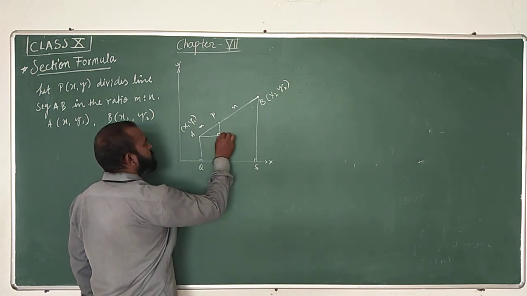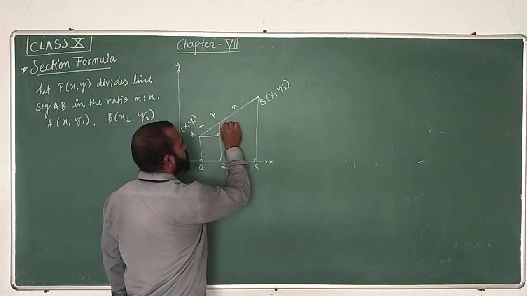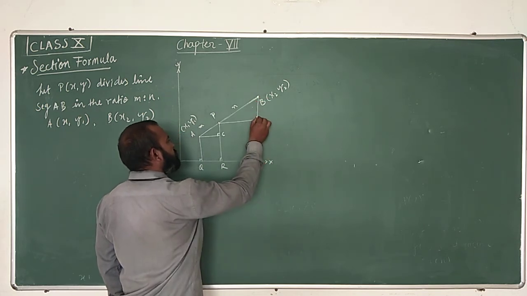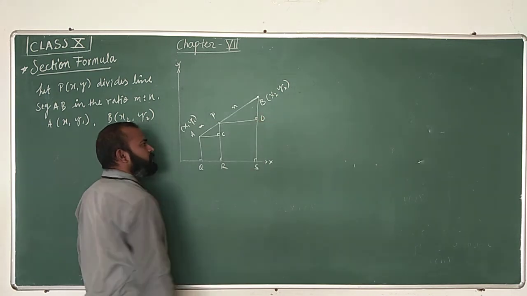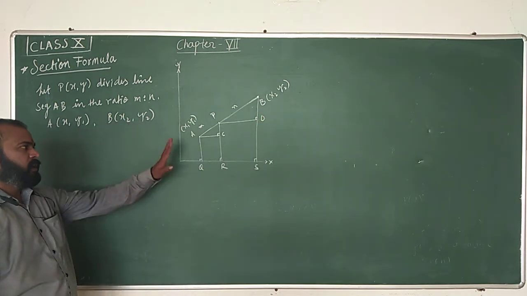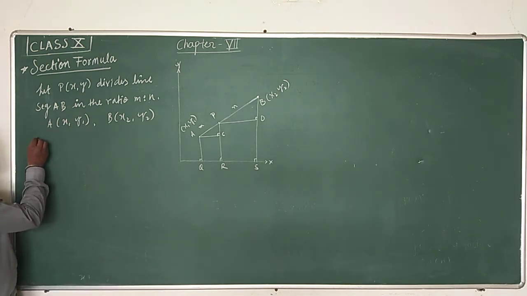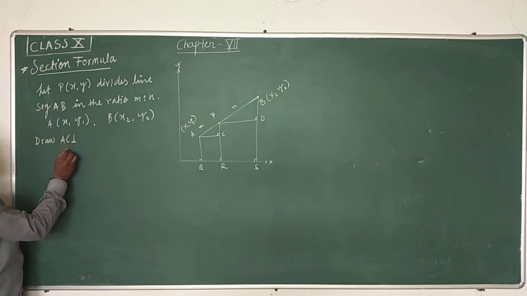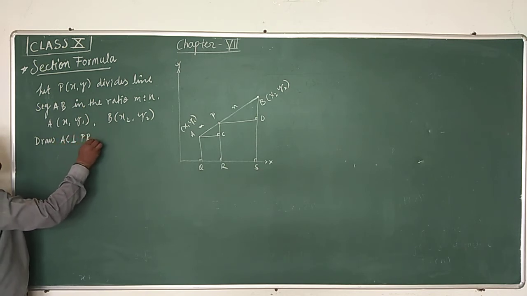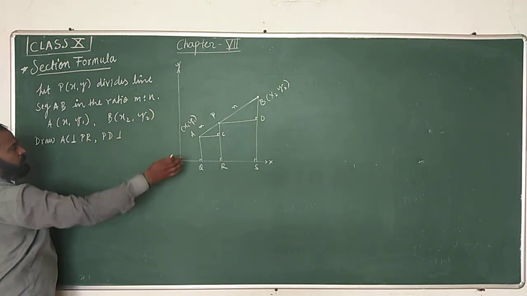Let this point be C. Draw a perpendicular from point P to BS. Let this perpendicular meet at point D. Now see what we have written: draw AC perpendicular to PR and PD perpendicular to BS.